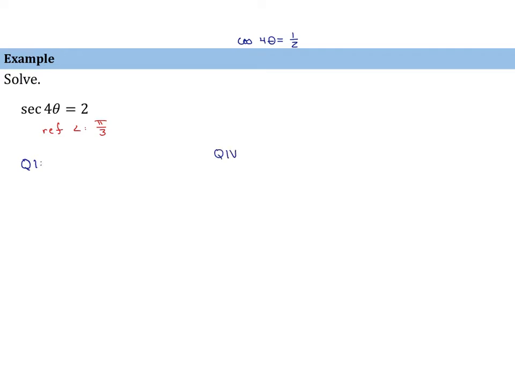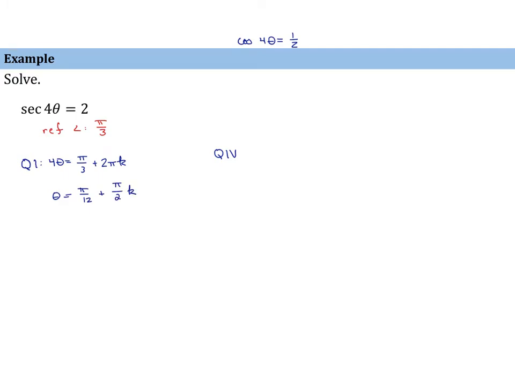So in quadrant 1, our angle 4 theta would equal pi over 3, our angle in the first quadrant, plus 2 pi k, which means that if I divide everything by 4, I would have pi over 12 plus, now 2 pi divided by 4 would be pi over 2 k.